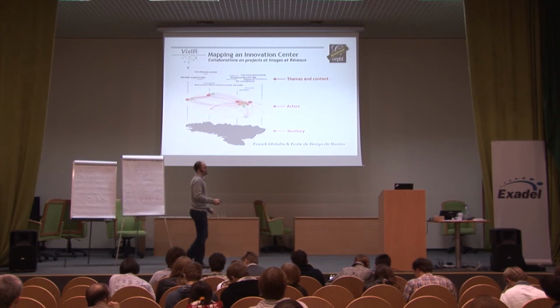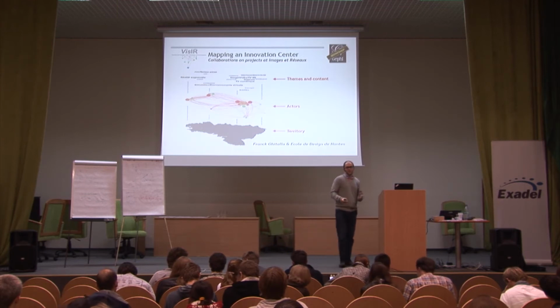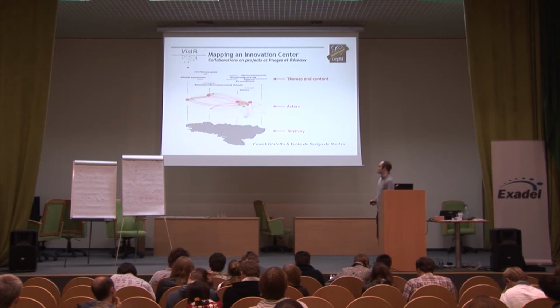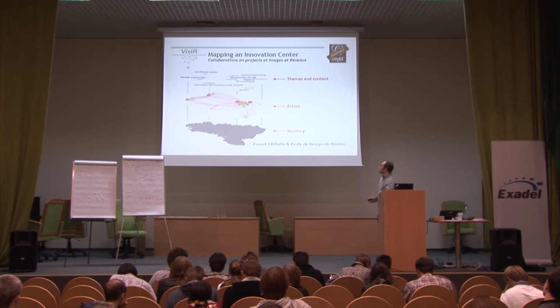It really helped, apparently, the decision makers to identify the good players and bad players in this game. So they used it to confirm the feelings they had about some specific actors who prefer to take the money and not share it with the others. It's interesting.